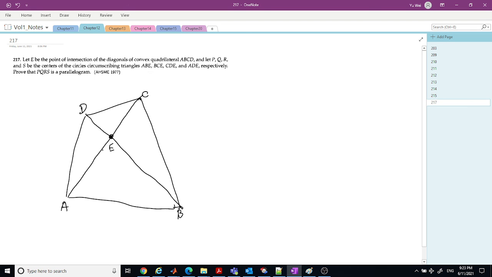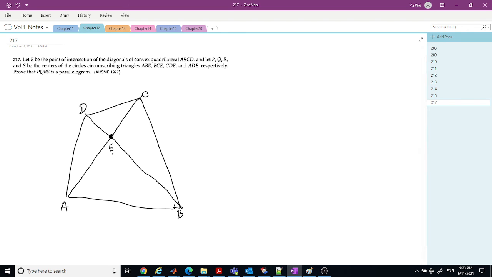So we have the triangles ABE, BCE, CDE, and ADE. Okay, we have the circumcenters of these 4 triangles, right? So I need to remind you how to do the circumcenter, right?